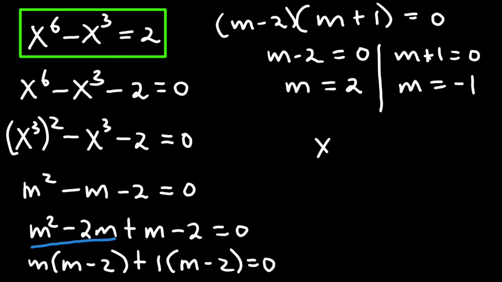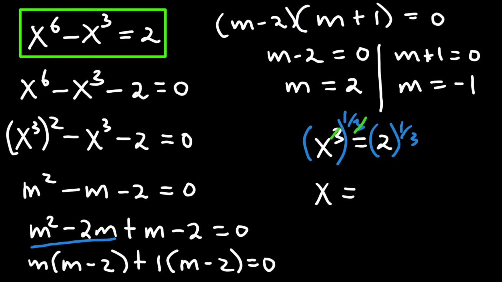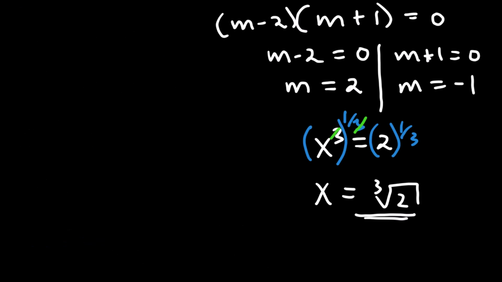Now when x to the power of 3 is equal to 2, we can take the cube root on both sides. On the left hand side, these will cancel, and we shall remain with x equaling the cube root of 2. Now what if we set x to the power of 3 to be equal to -1?